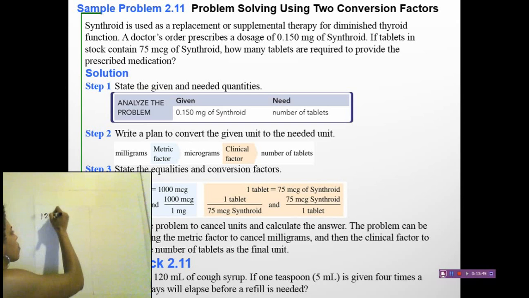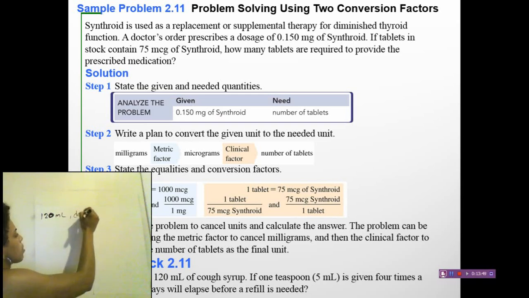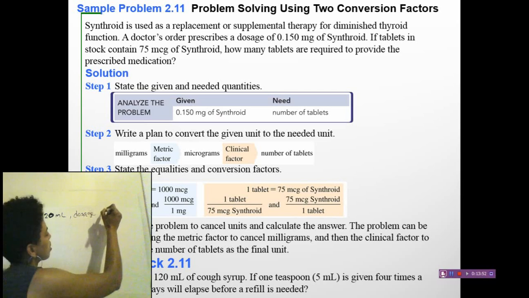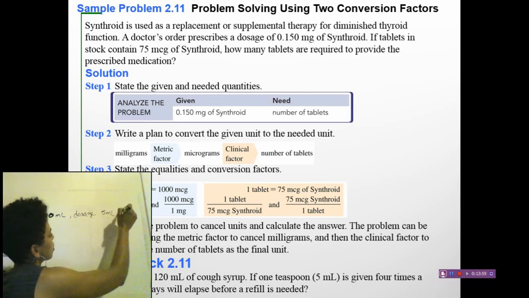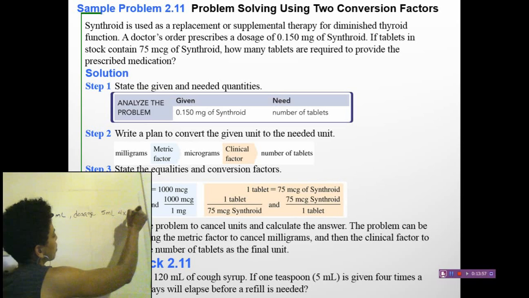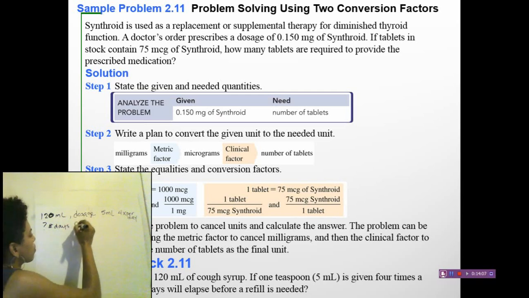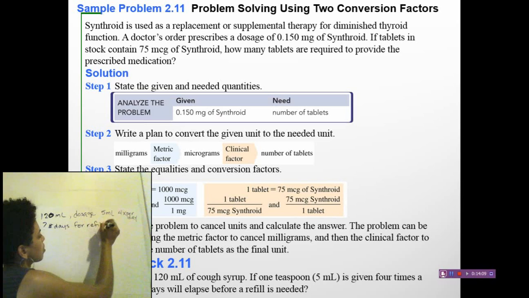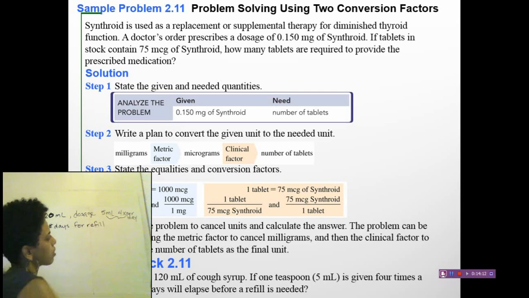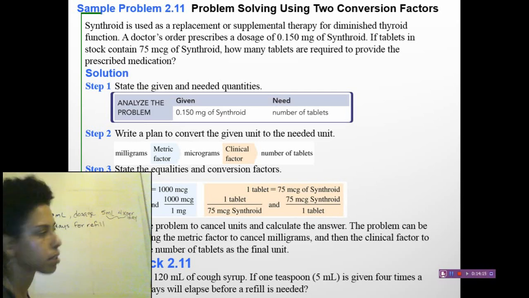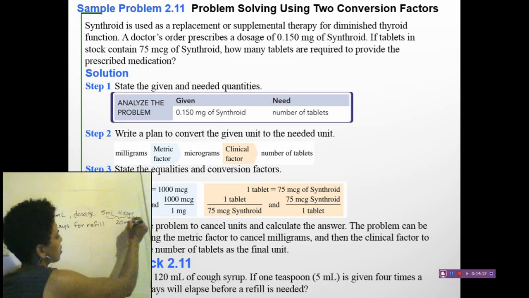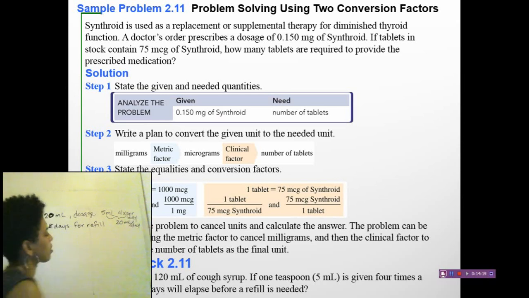So I have 120 milliliters, and my dosage is 5 milliliters 4 times per day, right? So the question is asking how many days for a refill. Well, if I'm given 5 mils 4 times a day, that's going to be 20 milliliters per day, right?